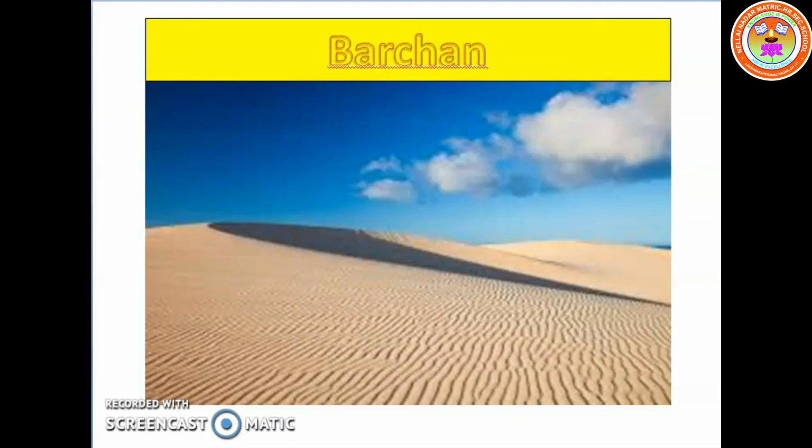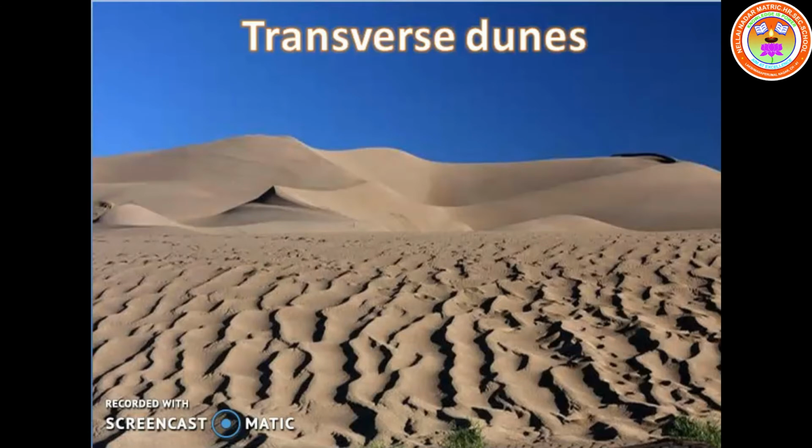Next one, the transverse dunes. Transverse dunes are asymmetrical in shape. Asymmetrical means two sides that are not the same in size or shape. They are formed by alternate slow and fast wind that blows from the same direction.